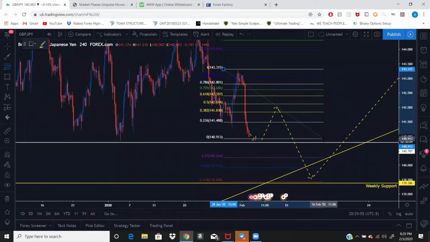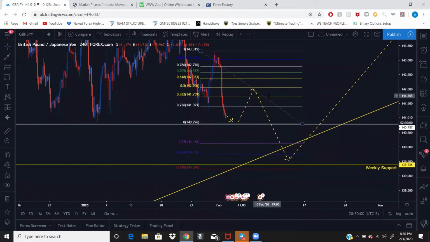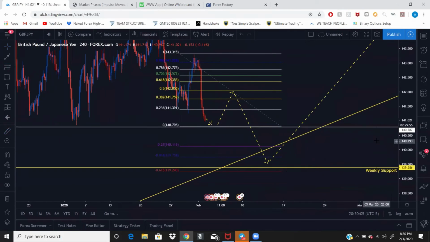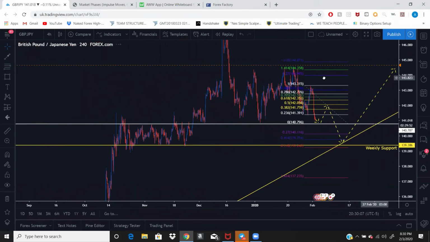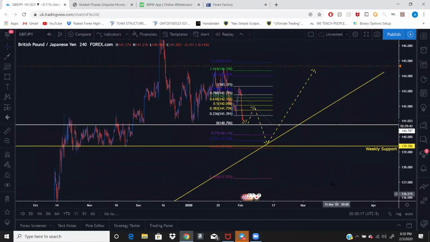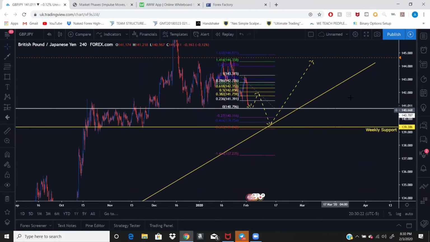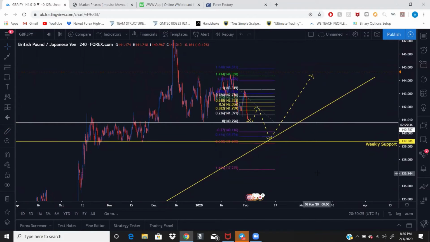I don't think it will make sense to be just a straight shot down, but I do expect this retrace back to 50 at 142, and then before we go back to a longer term buy, I would want to see this extension to 1618 conclude, and also a test of this weekly support and the weekly uptrend trend line, and this would be a great buy at 139,400 for GJ.